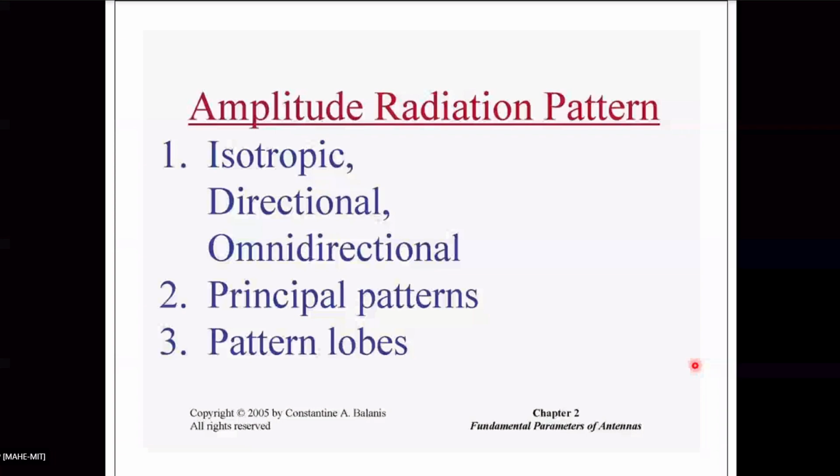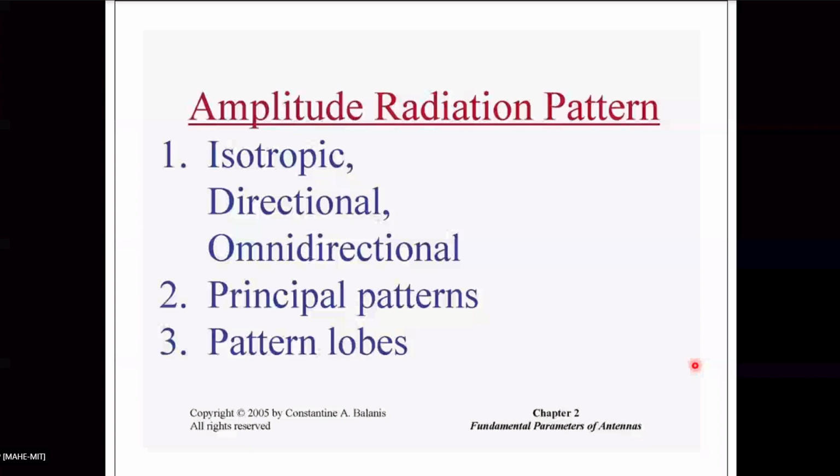A directional antenna is one which has the property of radiating or receiving electromagnetic waves more effectively in some directions than in others. That means more focused in one direction.